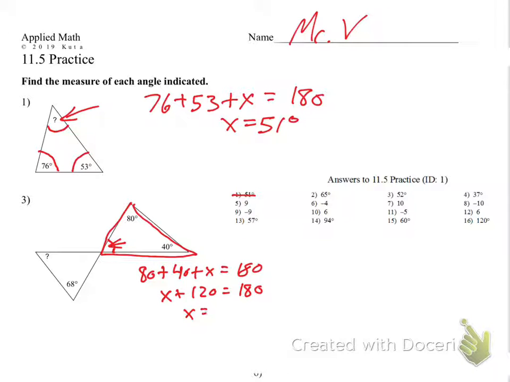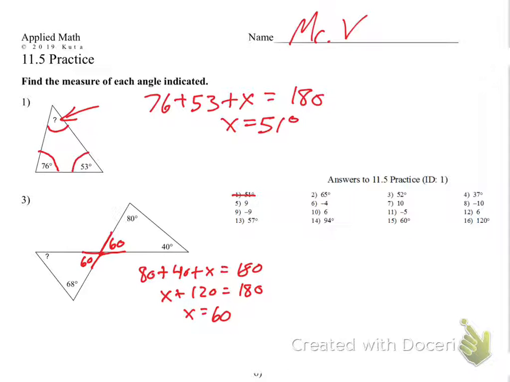So therefore x is going to be equal to 60. So what does that mean? If this one's 60, because of vertical angles, remember Mr. V, right? You see these V's. If this one's 60, this one has to be 60 because vertical angles are congruent.